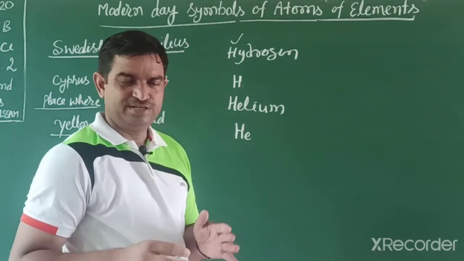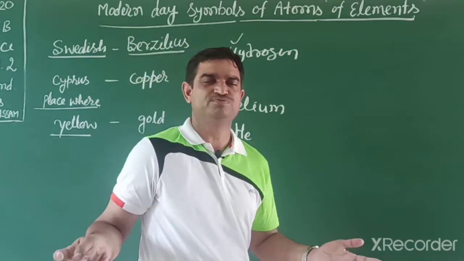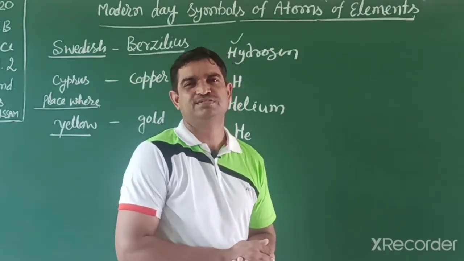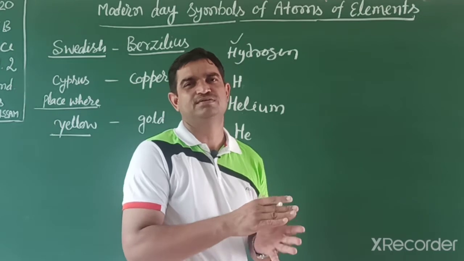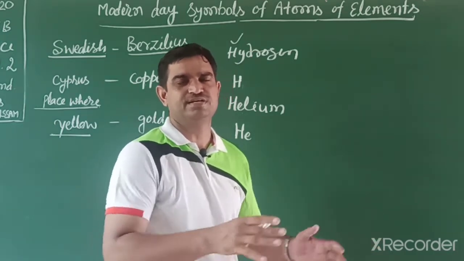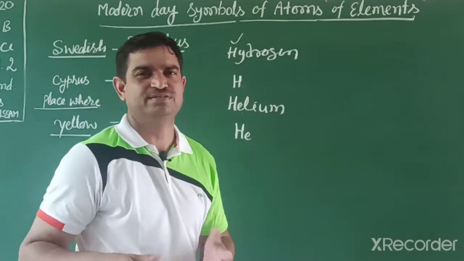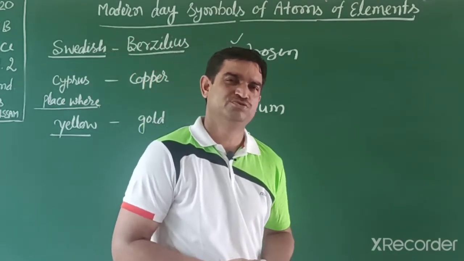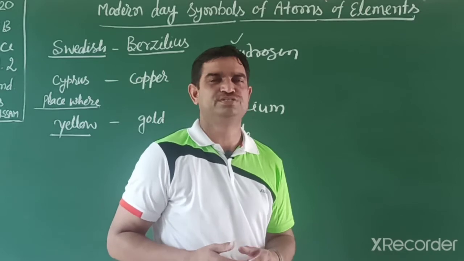But we have to study all over the world. If we give different symbols in different countries, then how can we do international study? It would be very difficult to correlate them to each other.